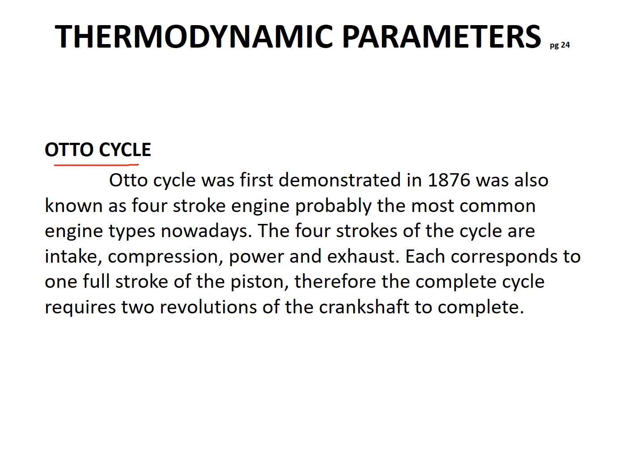Okay, the Otto cycle was first demonstrated in 1876. It is known as the 4-stroke engine. This is probably the most common engine type nowadays, and the 4 strokes of the cycle are intake, compression, power, and exhaust. Each corresponds to one full stroke of the piston, and therefore the complete cycle requires 2 revolutions of the crankshaft to complete.